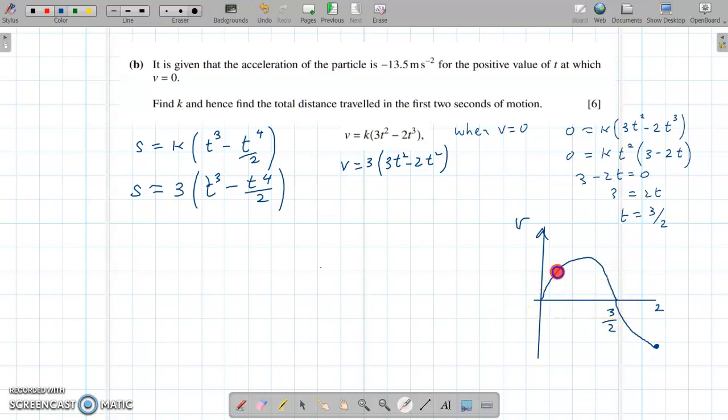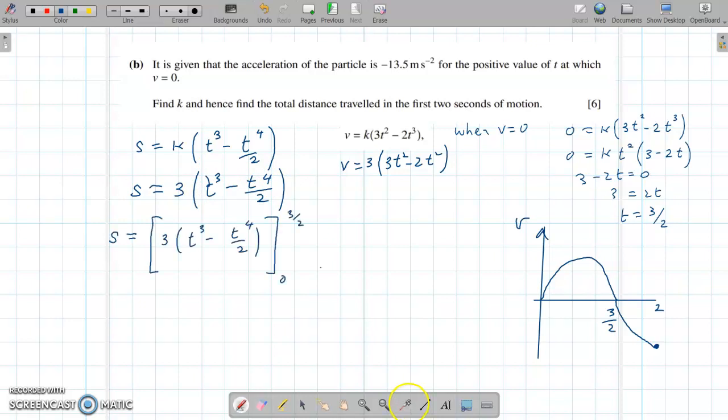So we work out this displacement and subtract this negative displacement, positive minus a minus displacement. Effectively we're adding up the two areas. We want the area under this graph, the integral of v between 0 and 3 over 2, and we've already integrated it, it's s.